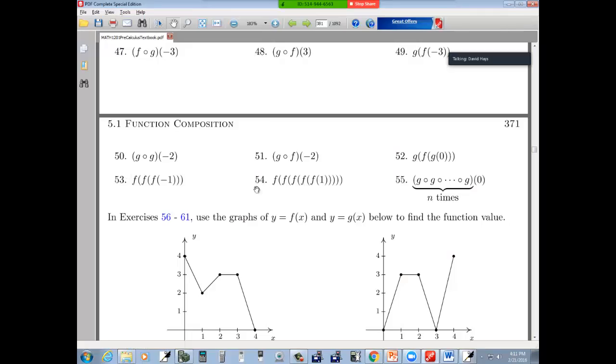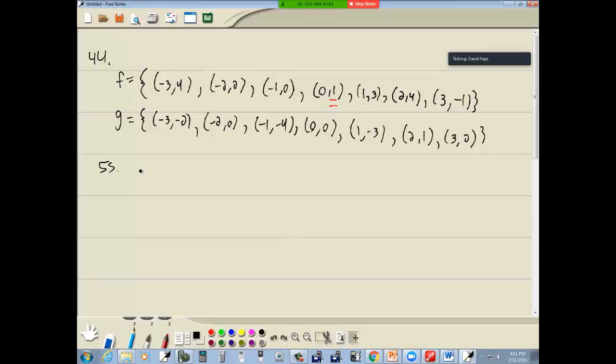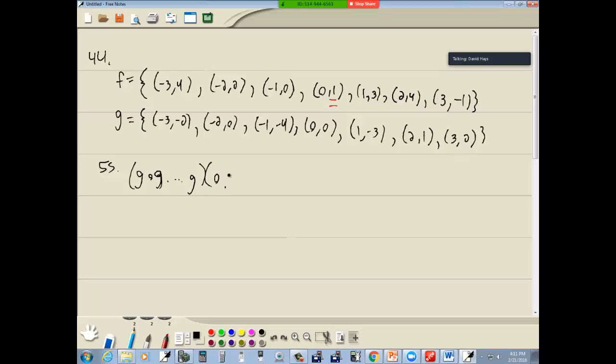And number 55, g, and then a bunch of them. I don't think I've ever seen one like this. It's neat.